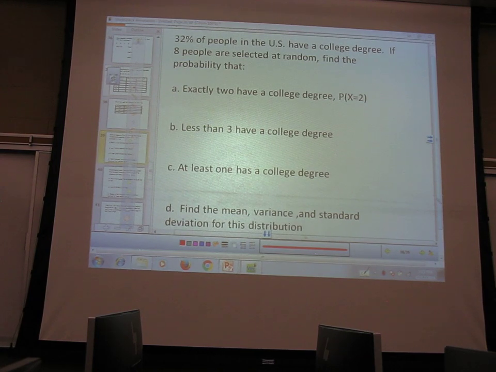32% of the people in the US have a college degree. Find the probability that exactly 2 of 8 people chosen have a college degree. What kind of problem is it? Probability, I guess, but is that chapter 4 or chapter 5?